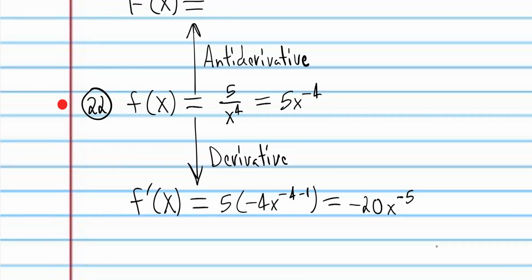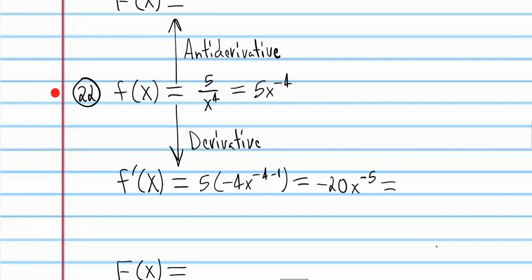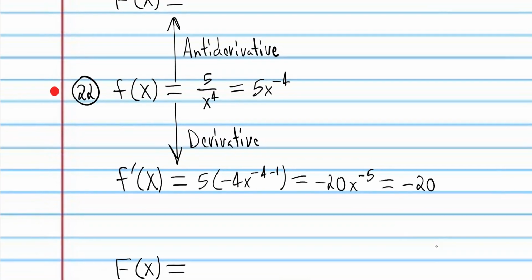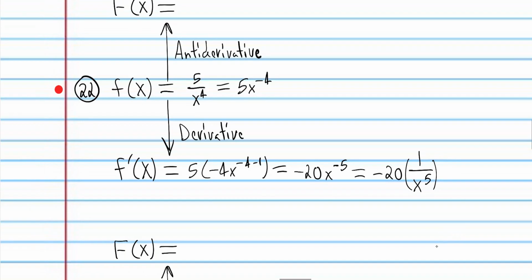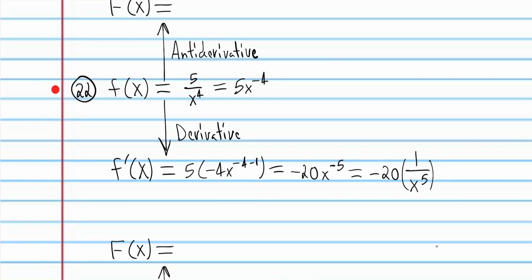The problem is, in my curriculum, I don't allow you to leave your answer with negative exponents. So we're going to change that to 1 over x to the 5th power using my exponent rule number 8. So then we can write our final answer as negative 20 over x to the 5th.